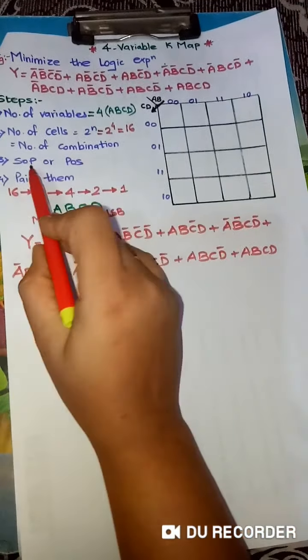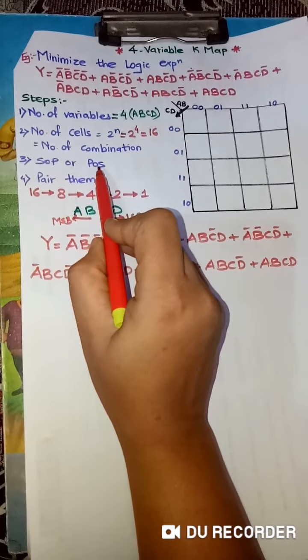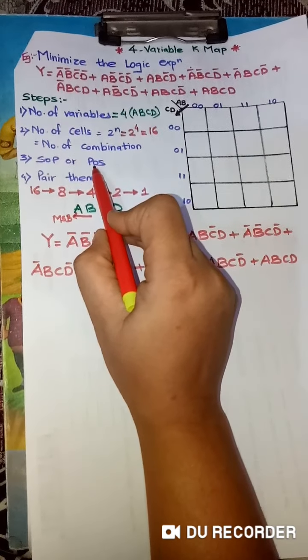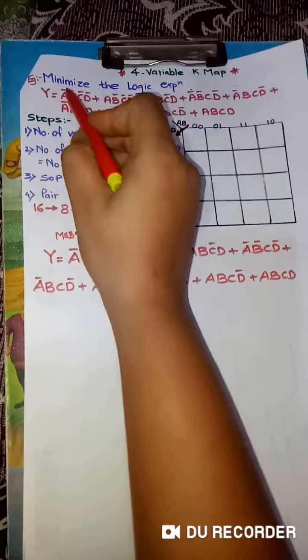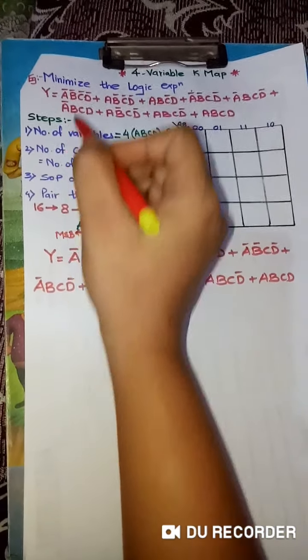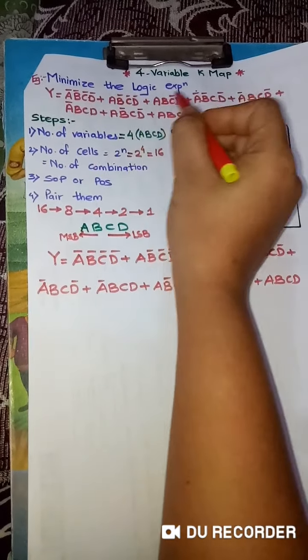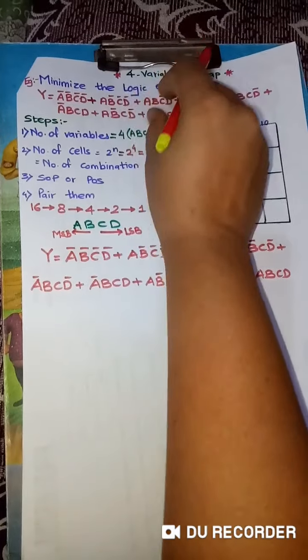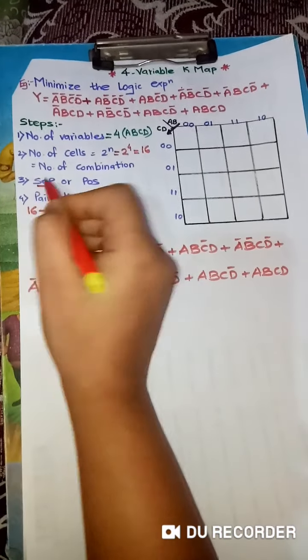Then we identify whether it is in SOP or POS form. SOP means sum of products, POS is product of sums. This equation is in SOP form because it is products first, and then all the products are summed together.